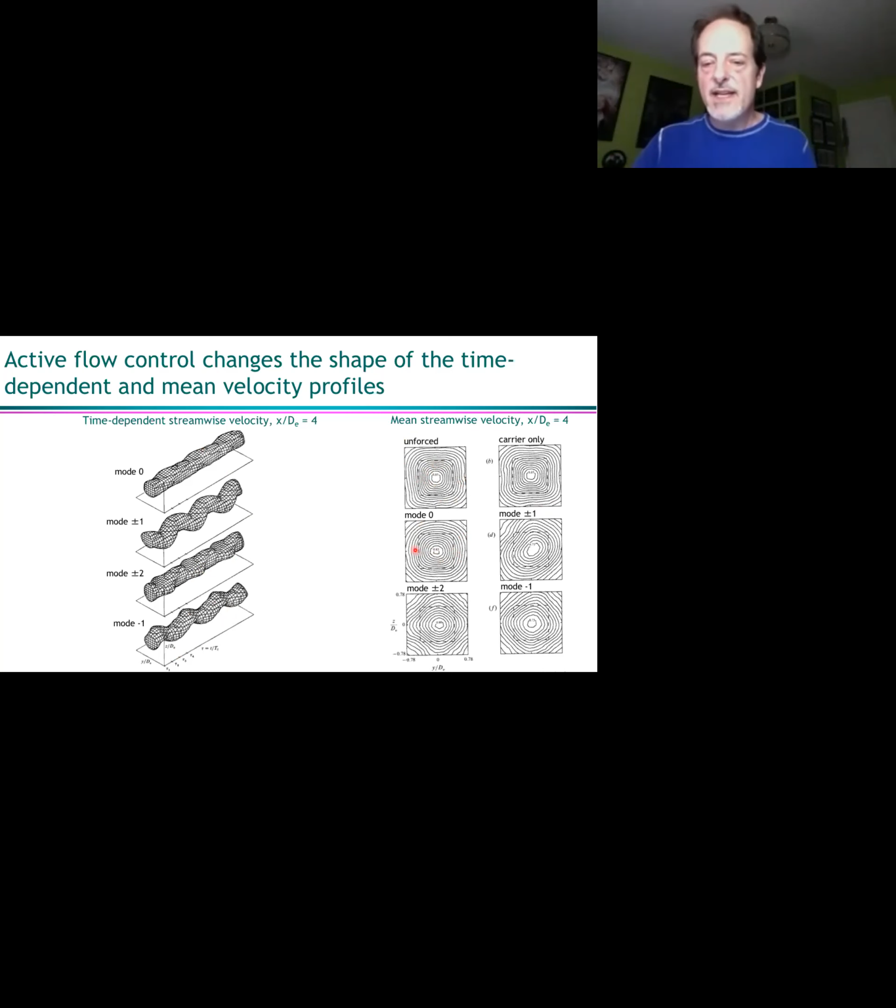Mode 0, it ends up looking more like a circle, a circular jet. Mode ±1, again, you can kind of see this oval stretched along the diagonal. And mode ±2, it ends up looking more diamond-like rather than square. Everyone sort of understand that? Makes sense? If anyone's totally lost, this is time to stop me.